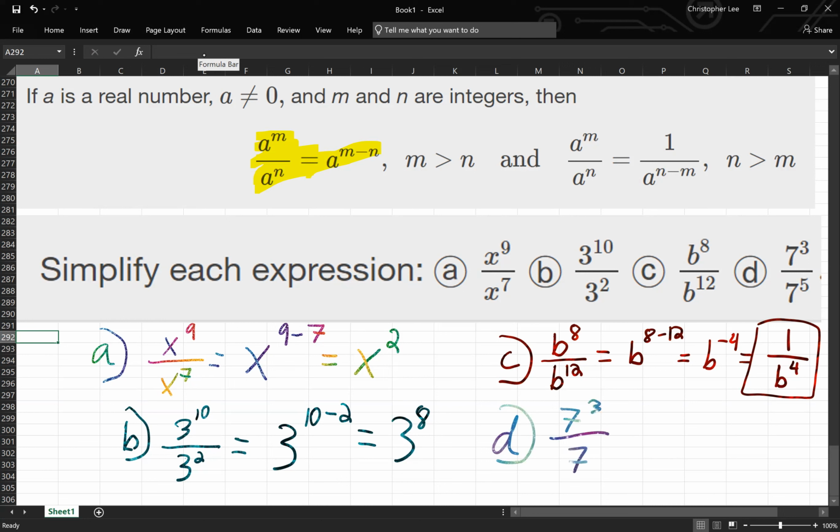So no more questions? This makes sense. Go ahead. Yeah, the coefficients would divide normally. So then that would be in the answer as well.